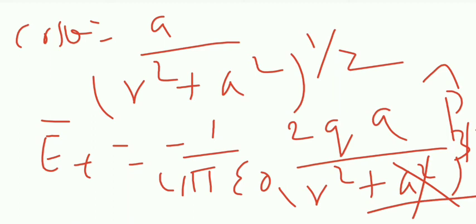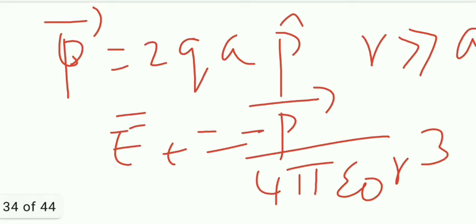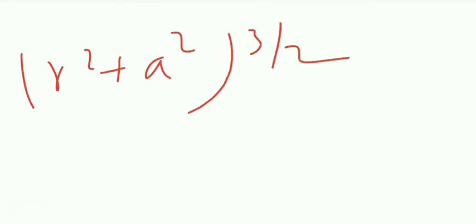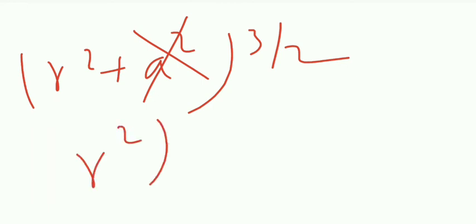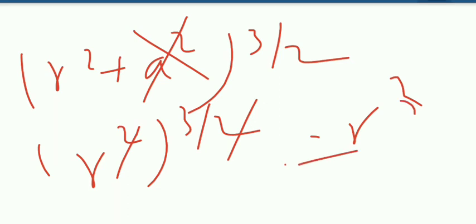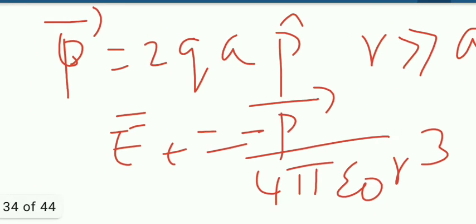Because r squared plus a squared to the power 3 by 2, I neglect a, so it will become r squared to the power 3 by 2. So 2 cancels, it will become r cube. Right? So that's why it is minus p by 4 pi epsilon naught r cube. So it is very important.